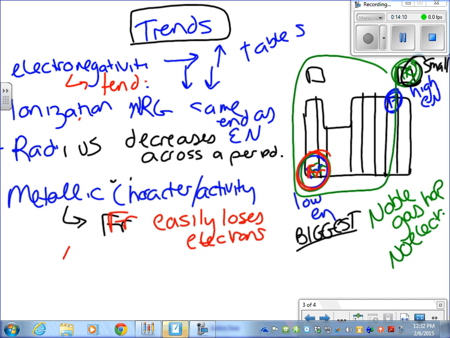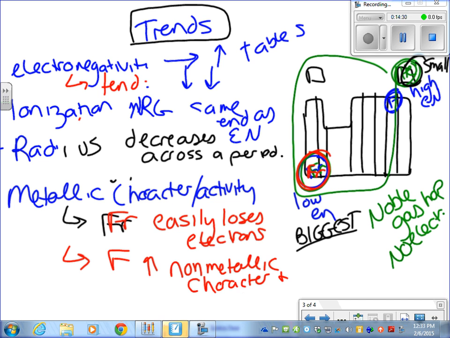Your least metallic is going to be fluorine, okay? And as you get further from francium, your metal activity and your metal character is going to decrease, okay? Fluorine has the most non-metallic character and activity.